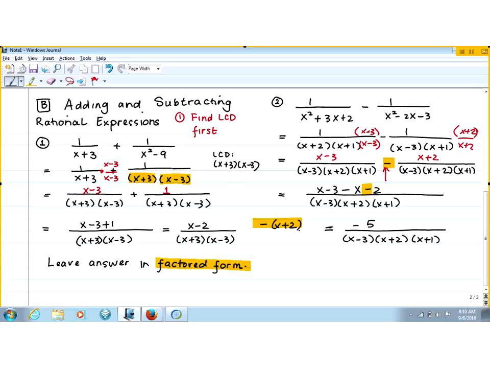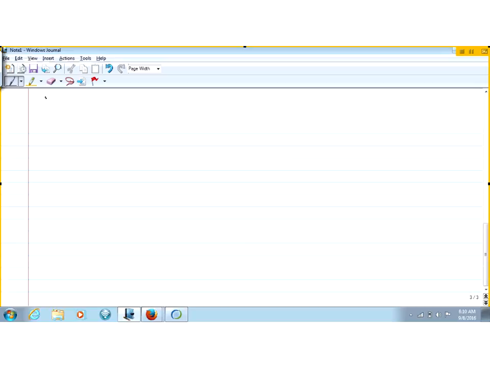So next, simplifying complex fractions. Ready? Complex fractions. So there are two methods.